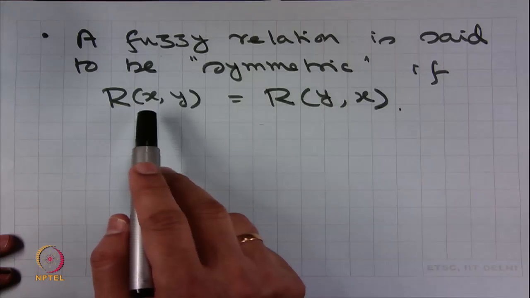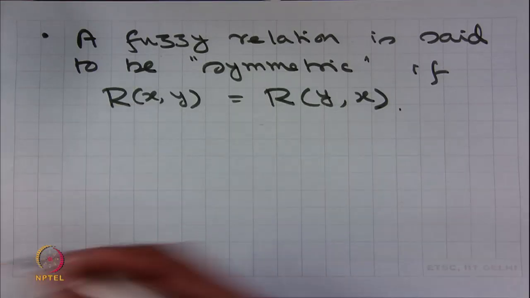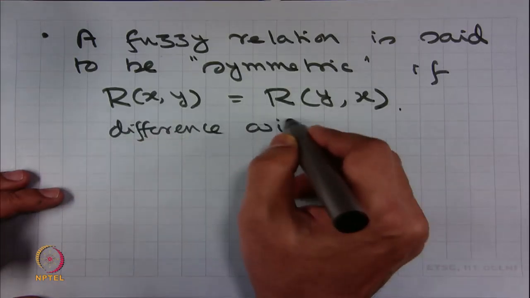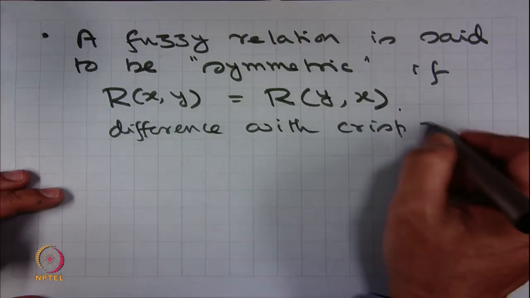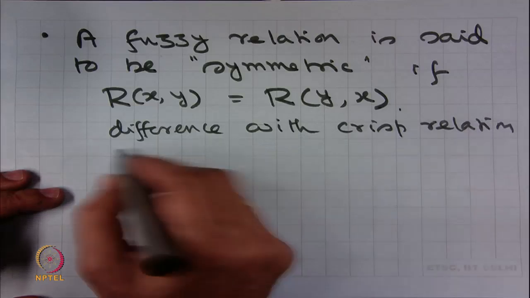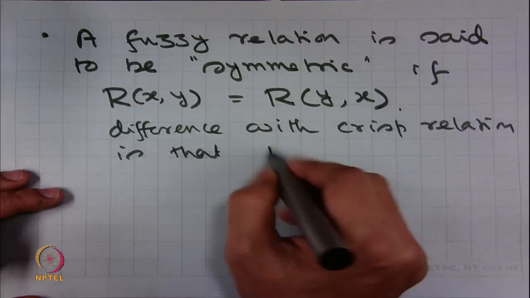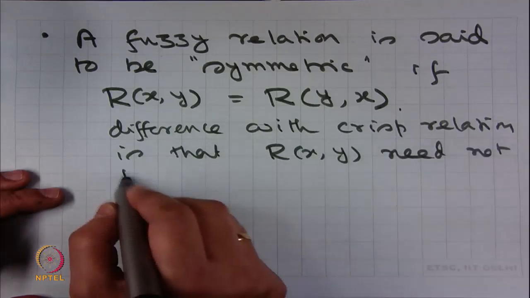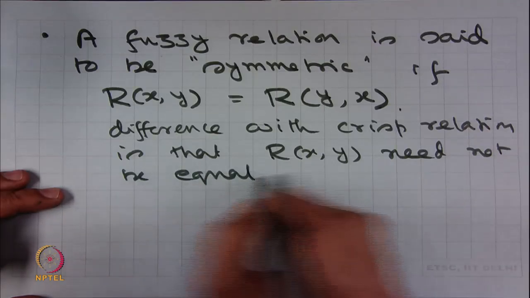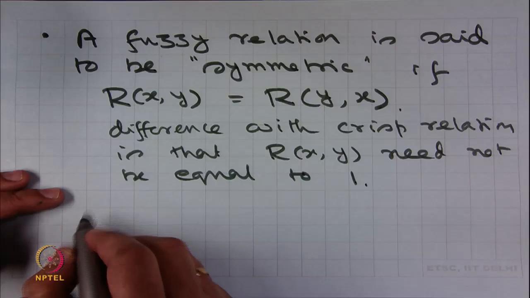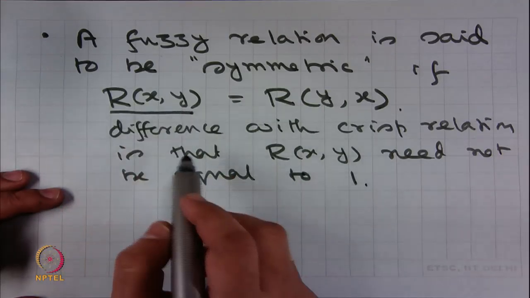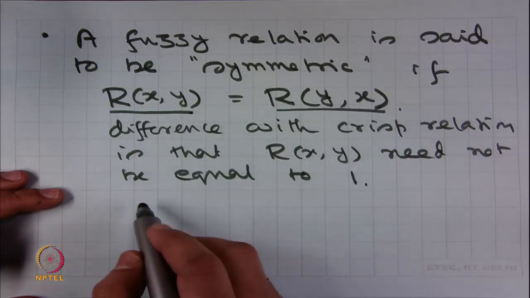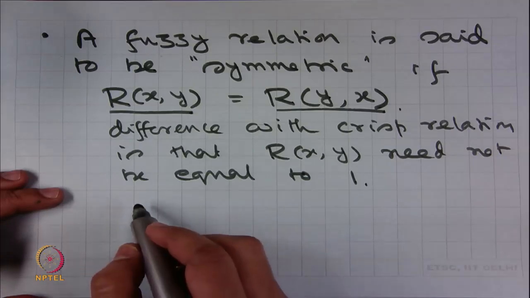With respect to crisp relation also we have seen this, but the difference is that R(x, y) need not be equal to 1. That is, if the strength of relationship between x and y is same as the strength of the relationship between y and x, whatever value it is, we call it symmetric.